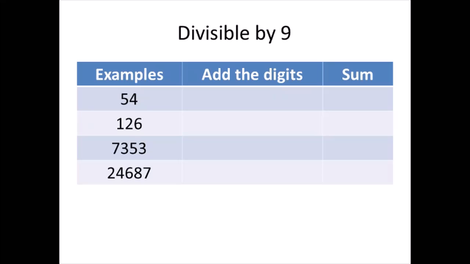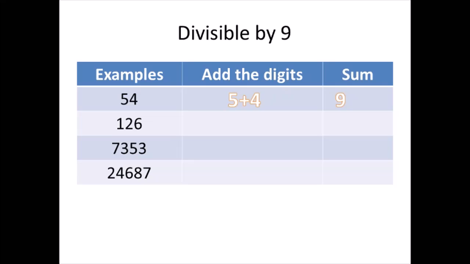Next one, divisible by 9. The technique for this is similar to divisibility by 3. Add the digits and find the sum. Let's add the digits: 5 plus 4, and the sum is 9.